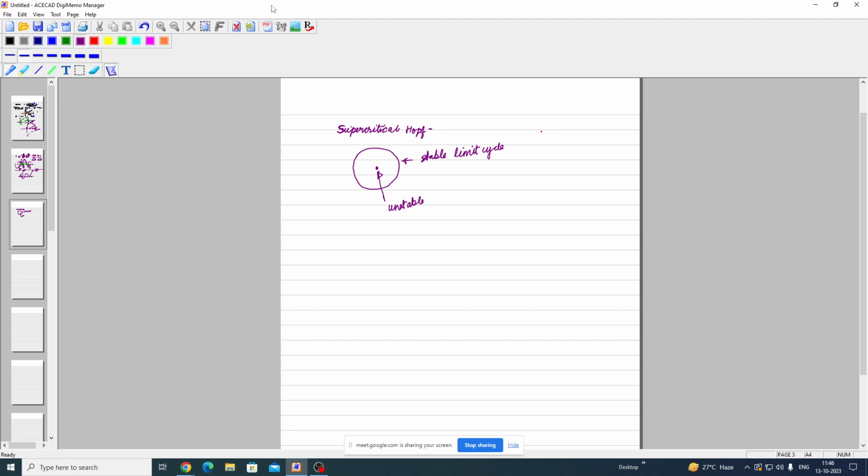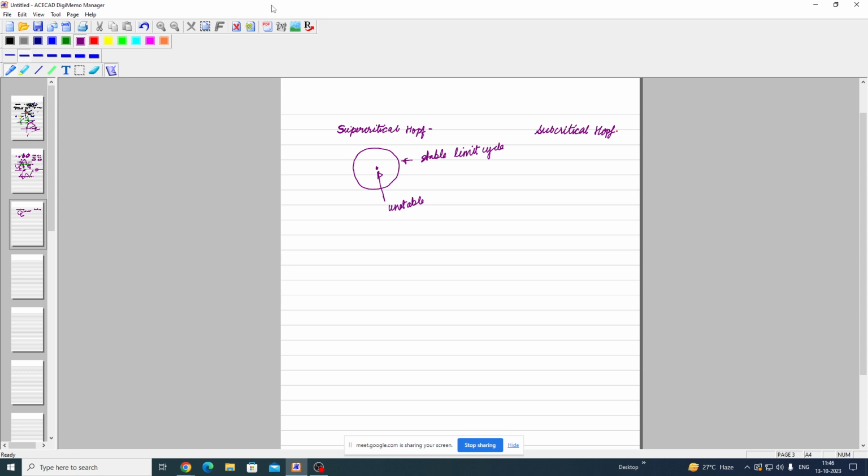Now, subcritical Hopf reverses the situation. This is all you need to know for this course. Hopf is a very important class of bifurcations that are extremely important in ecological systems and medical systems, but they are a study of their own.